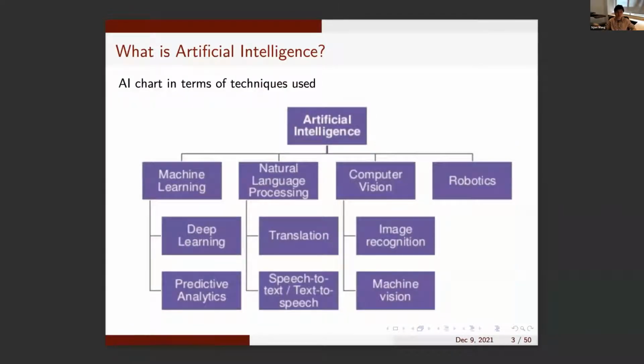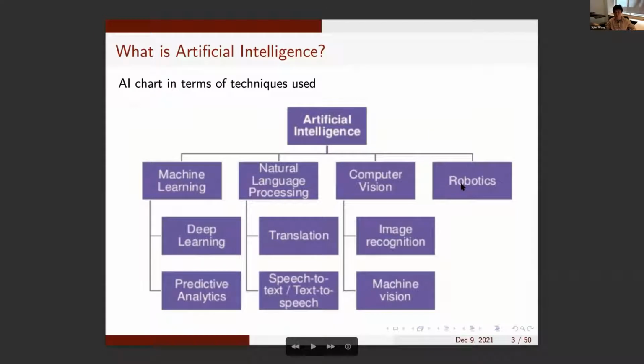First is an AI chart in terms of the techniques AI uses. This is based on my personal understanding. It has machine learning, which includes deep learning, a very popular model recently. It also has natural language processing, mainly for language data or sequence data, as well as computer vision, like for images.